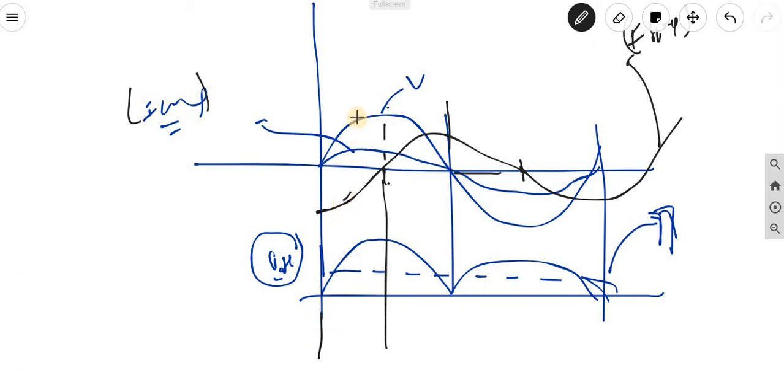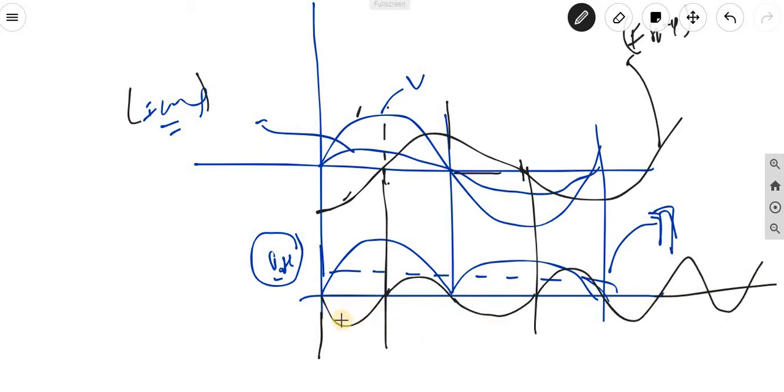Negative, positive. So ultimately we will get negative for positive, negative. So what do we get? Negative, positive, and for this we get negative and positive. In this way we get it.